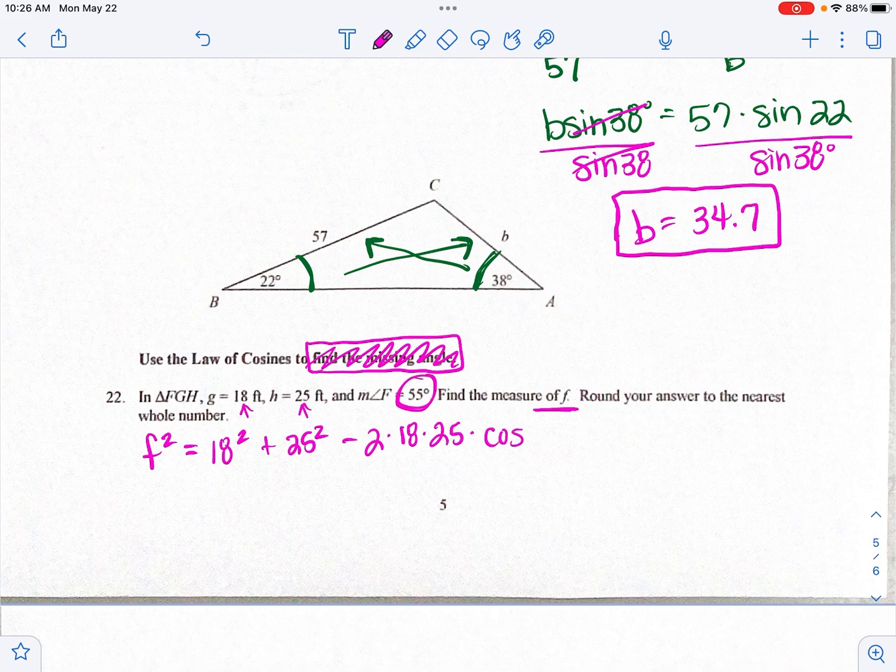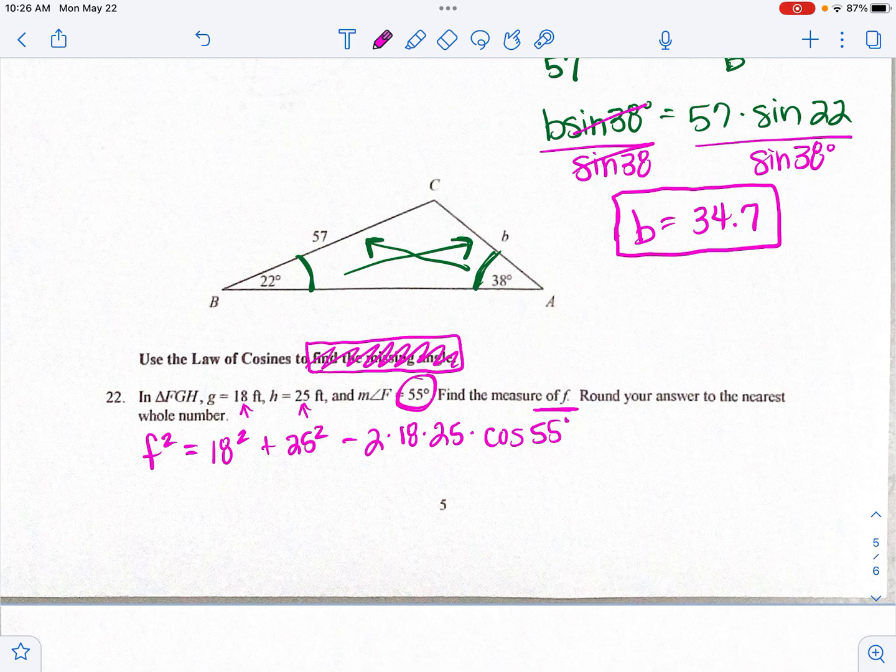So that would be 55. And this was the nice one, because I'm just going to put all of that in my calculator. 18 squared plus 25 squared minus 2 times 18 times 25 times the cosine of 55. And I get 432 point stuff.